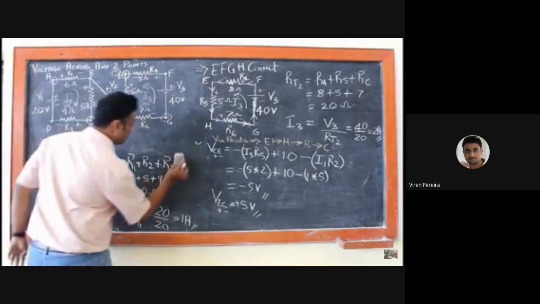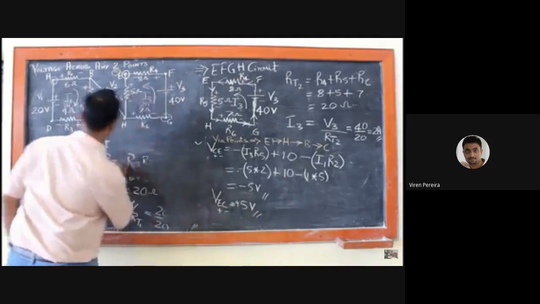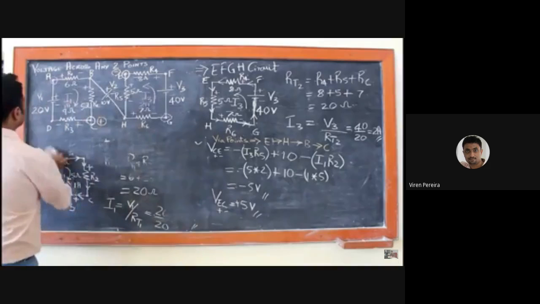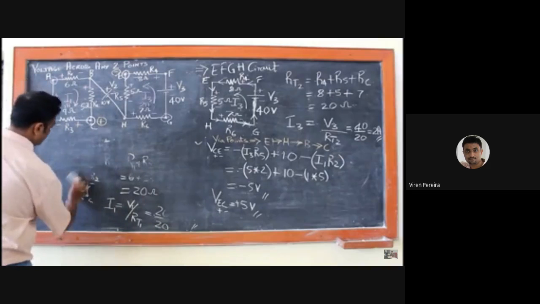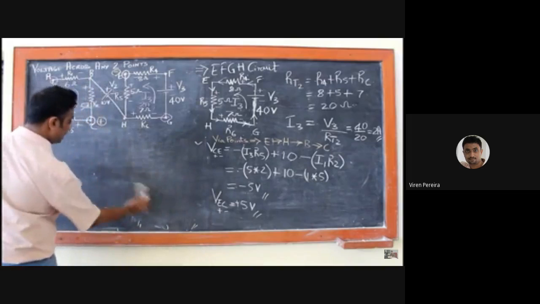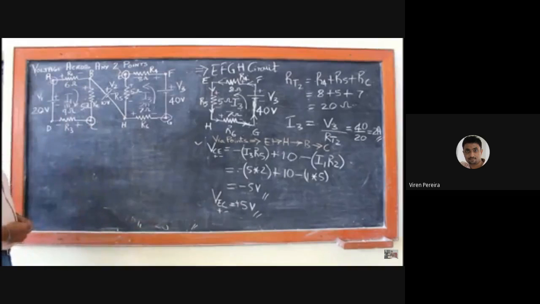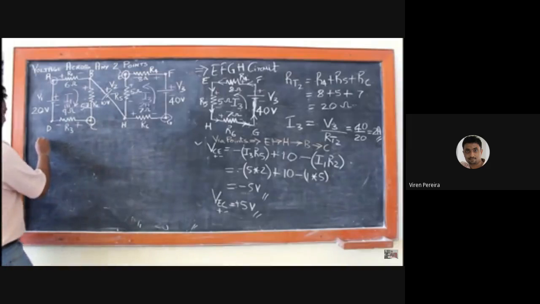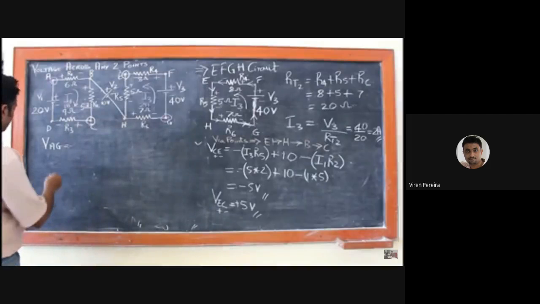Now you will solve for points A, G. So I will find out the voltage across VAG. Even to find out the voltage across VAG, it is the same logic.